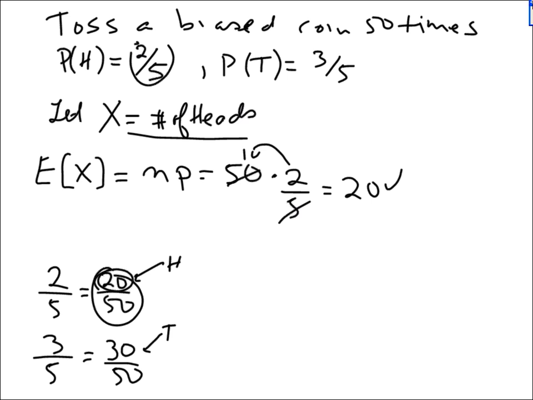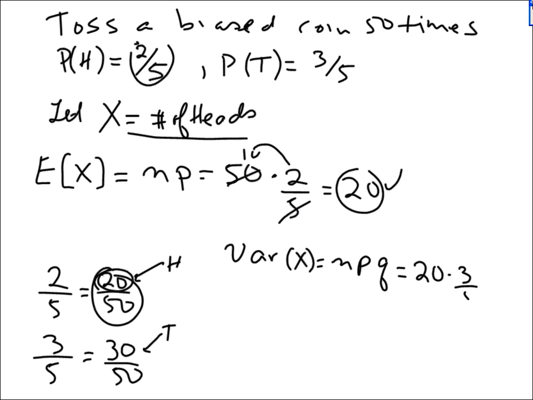Exactly what we said we would get. For the record, the variance of x is npq. Now, don't reinvent the wheel. We already know what np is. It's np, 20, times q, which is the probability of not getting a head.